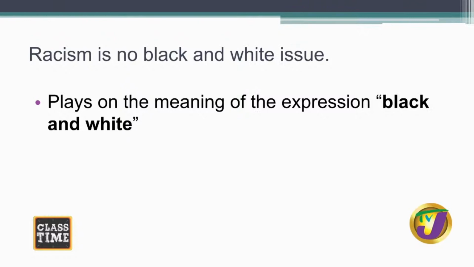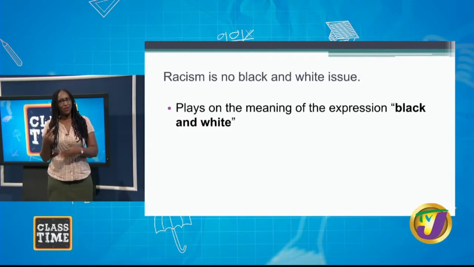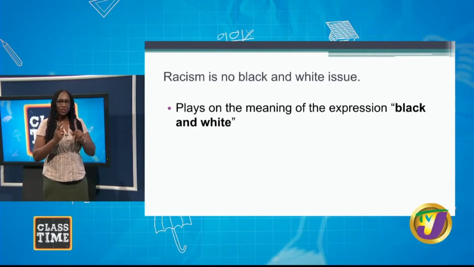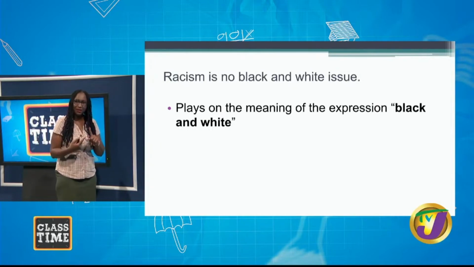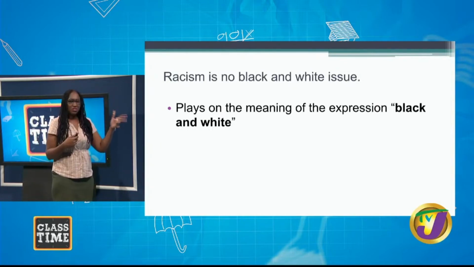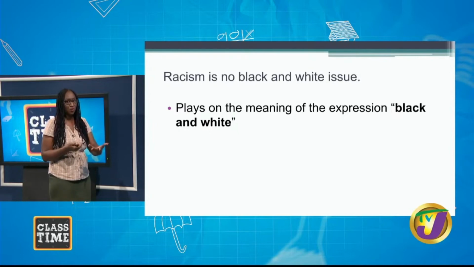But in terms of racism, racism usually is a conflict between one race that is described as being black and one race that is described as being white. So the two meanings, the literal and the metaphorical meaning, come into play. So the whole idea is there's nothing straightforward about racism, even though racism really is something that is black versus white, or any two races that you can think of. It's not always black and white, but that's the most common one that we associate with it.